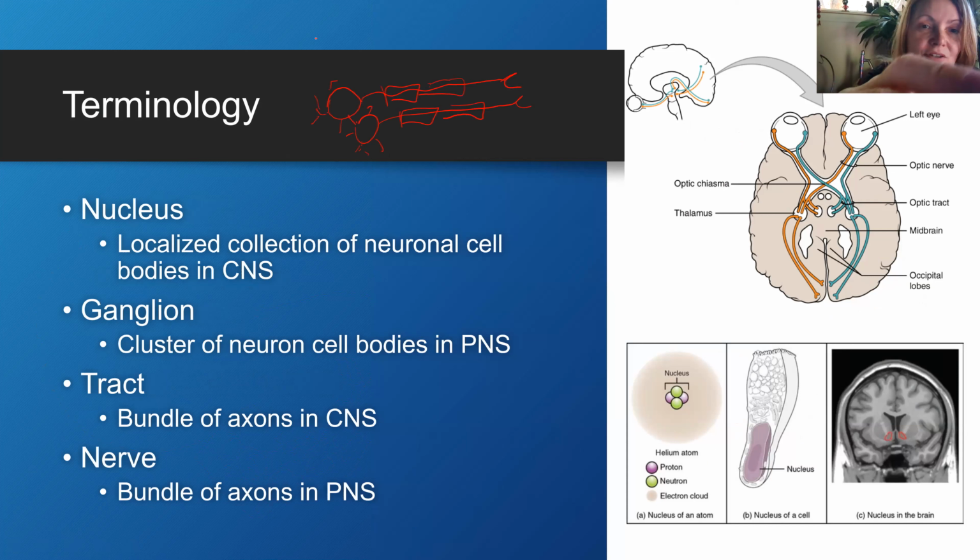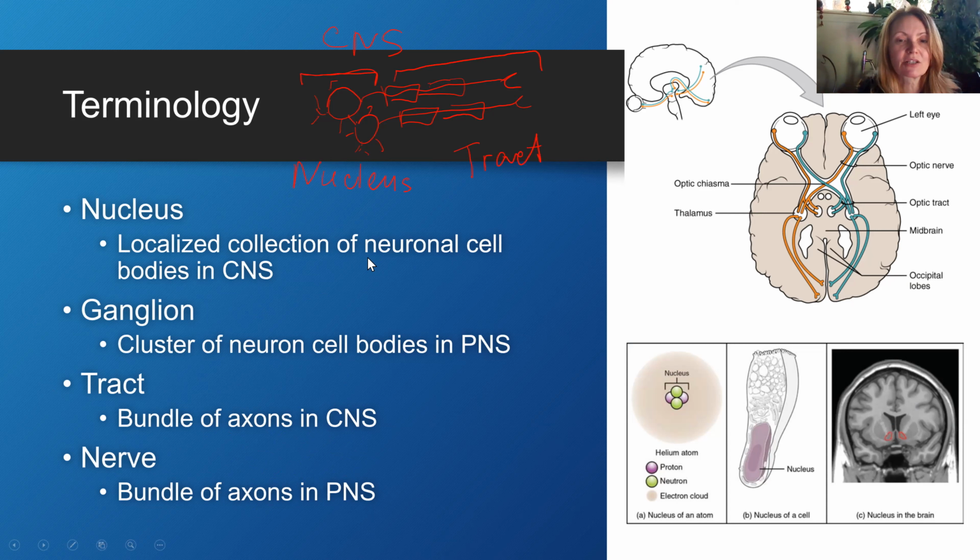Now, in the central nervous system, this collection of cell bodies we call a nucleus. And these myelinated axons we call a tract. It's what it says.